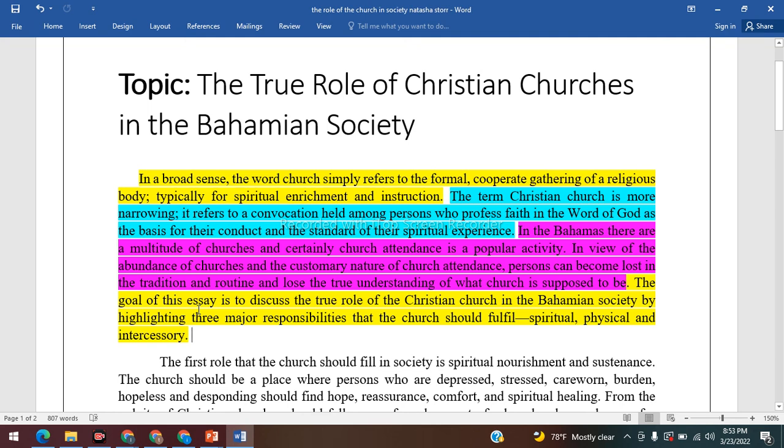This is the thesis: the goal of this essay is to discuss the true role of the Christian church in the Bahamian society by highlighting what? Three major responsibilities that the church should fulfill: spiritual, physical, and intercessory. So that's my thesis. I'm mentioning only three points.